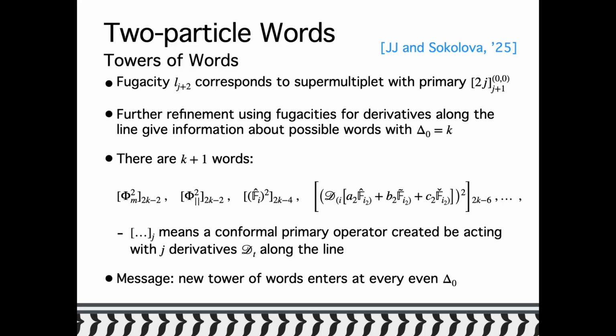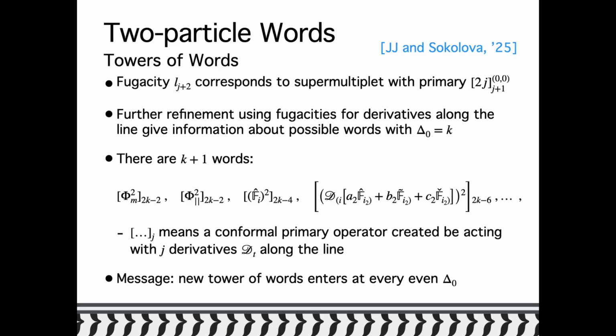I can act with 2k minus 2 derivatives along the line. And then the dimension of this word will be 2 plus 2k minus 2, so the dimension of this word will be 2k.